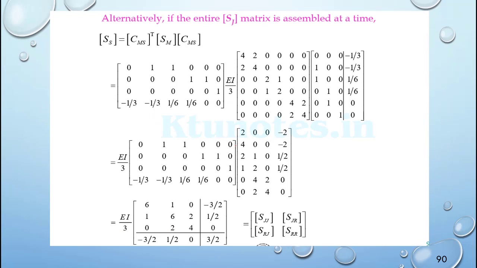It's an alternative method for finding Ss, which is equal to Cms transpose into Sm into Cms. So we know the values of Cms, Sm and Cms. Then applying them in the equation, we'll get the matrix, and this matrix is actually composed of the subcomponents Sjj, Sjr, Srj, and Srr.